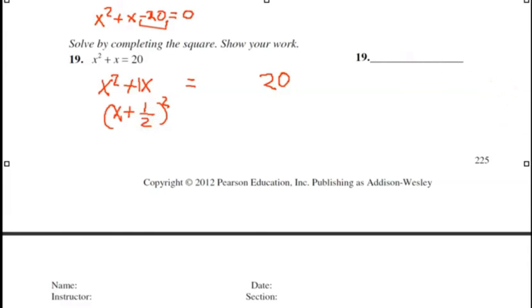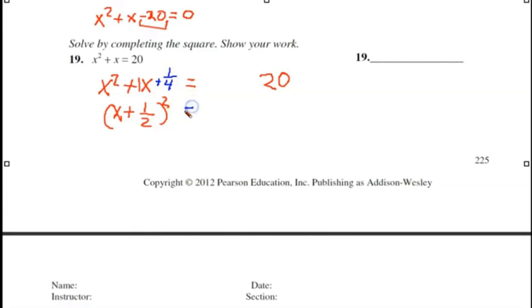Now what we're going to do is take this 1/2 and square it. And that gives you 1/4. Now, if we had that, this is a perfect square trinomial that would factor to this.